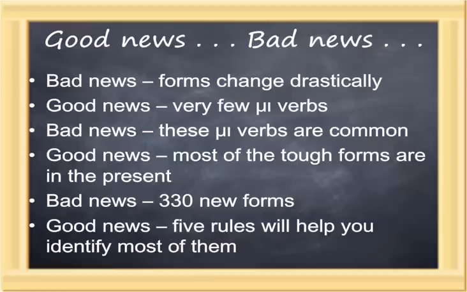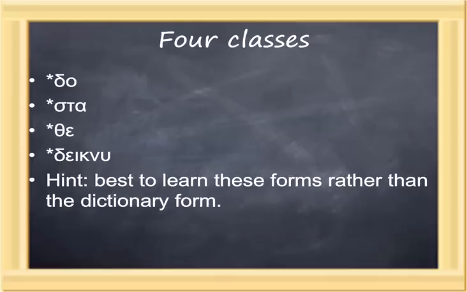So instead, I offer this good news. This lesson will teach you 5 rules that will help you identify most of them. And the ones you don't identify, you'll do like I do, and just look them up in a chart. So, here we go. There are 4 classes of mi verbs, and in addition to the dictionary form, it's probably a very good idea to learn the root of each one.